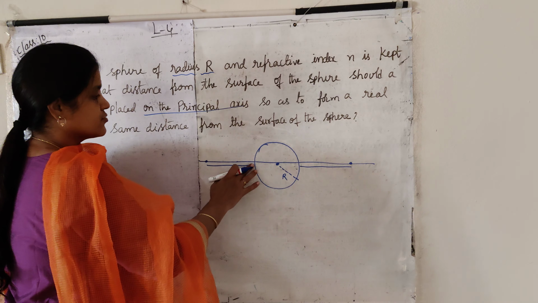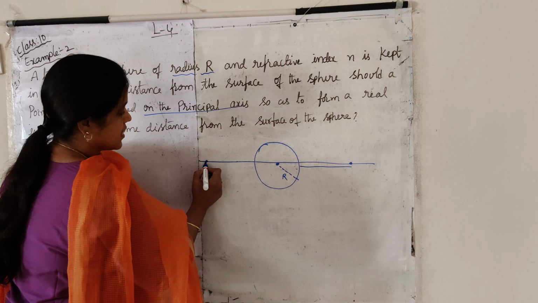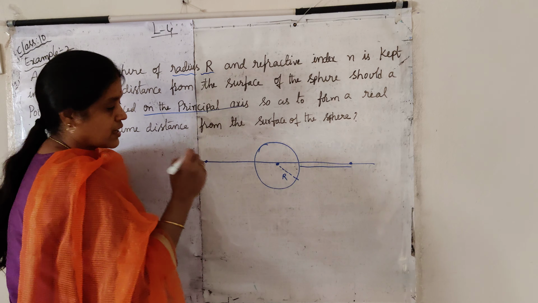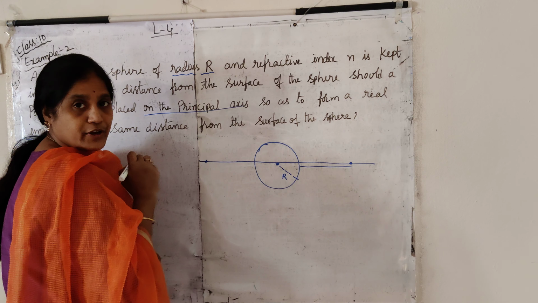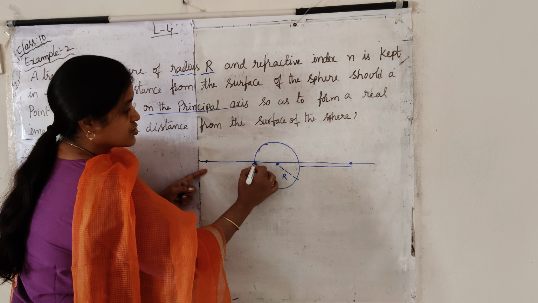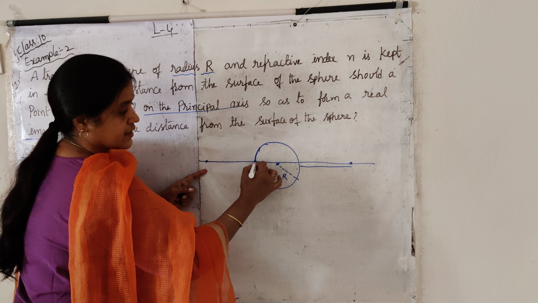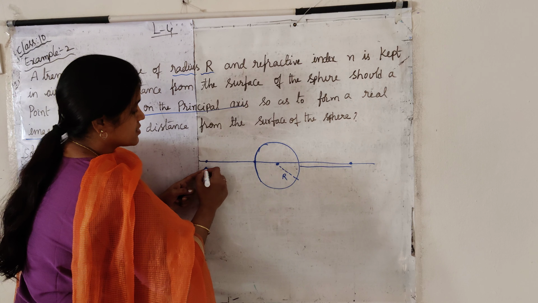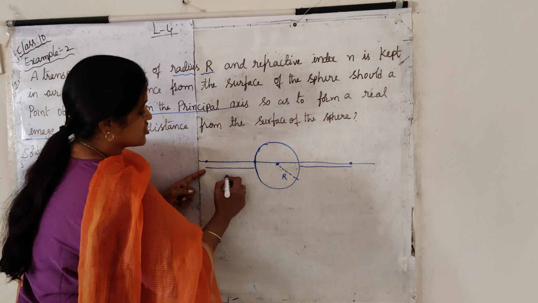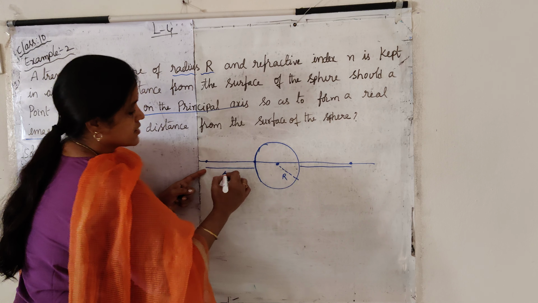So for this we will draw the diagram. For example, we'll assume that this is the point size object. If you measure the distance from this curved surface, this is the optic center, from here to here, this distance is known as the object distance, and I will take it as x.